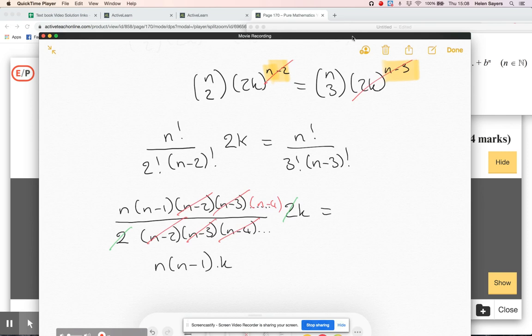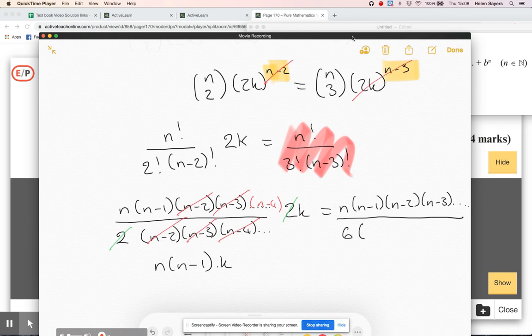Right, so we try and do the same thing on the right-hand side, looking at this fraction. I've got n factorial, so that's n times n-1 times n-2 times n-3, and so on. 3 factorial means 3 times 2 times 1, so that's just 6. And then n-3 factorial will be n-3 times n-4, and so on.